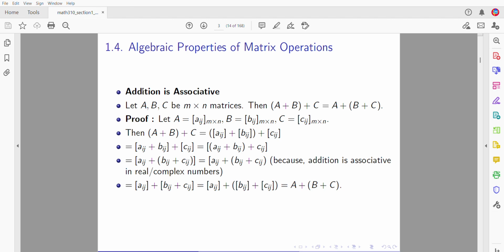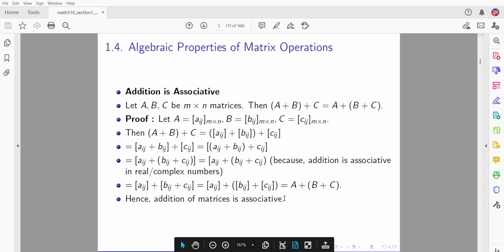All right. Now again, from "let" until here, you should be able to reproduce if your question were to prove that addition of matrices is associative. So make sure you can write this proof by hand repeatedly and reproduce it until you get it just right.